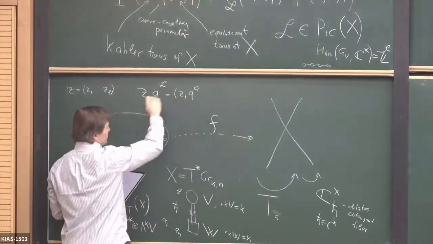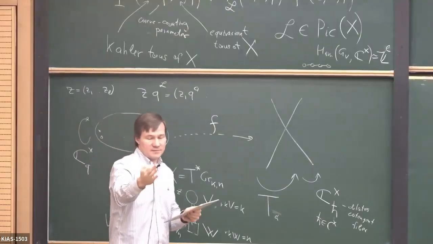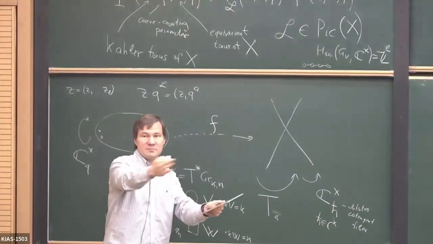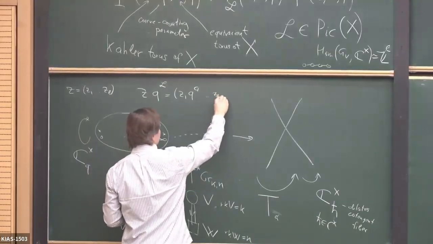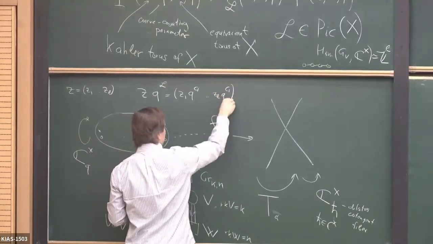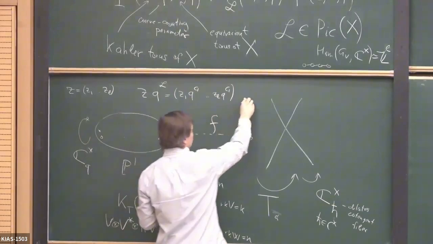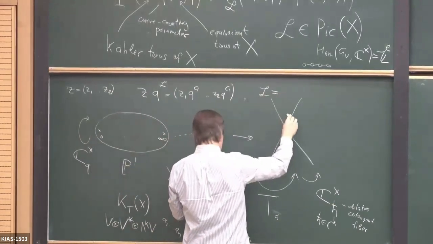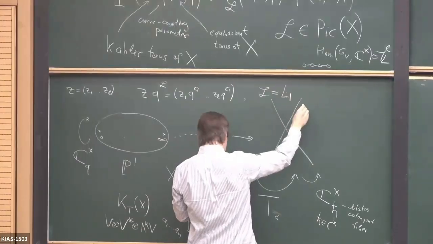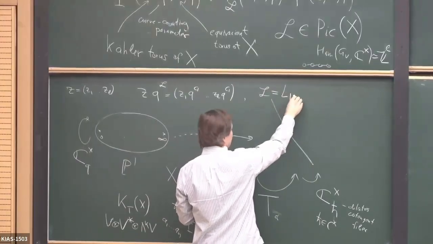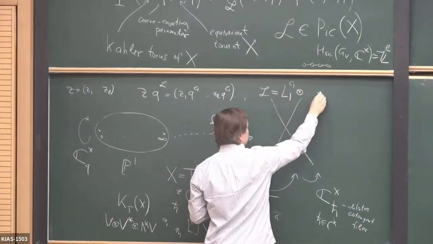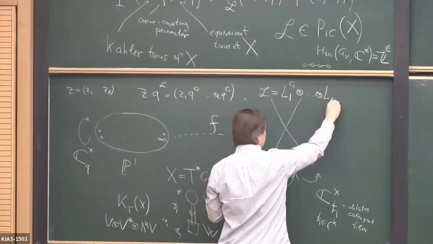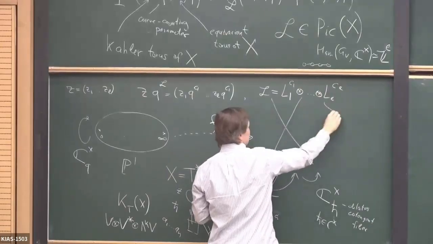Like if you take your bundle L, and you expand it in the basis in the Picard group, then this is what you're going to get. If L has the following decomposition, so if there's L1, right, so these are line bundles, L1 to the C1 tensor and so on tensor, L_L to the C_L.